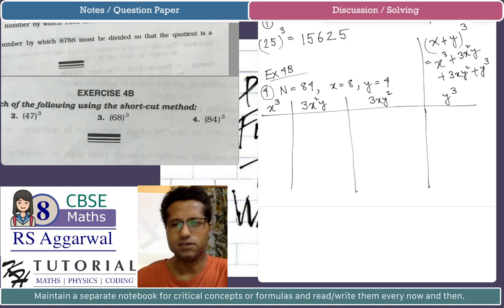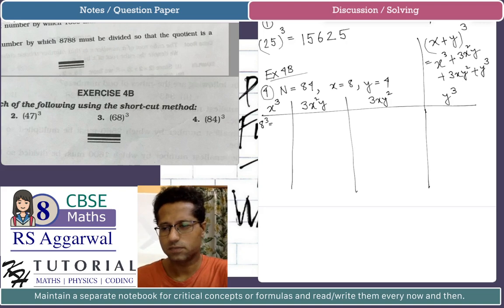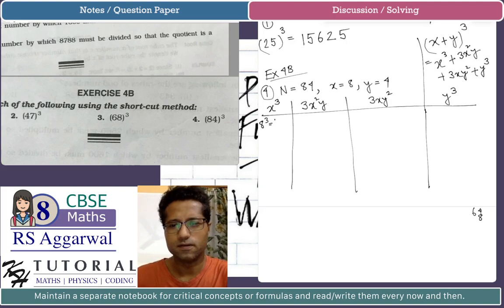Now what is x cube? X is 8. So 8 cube is 64 multiplied by 8, I guess 512.